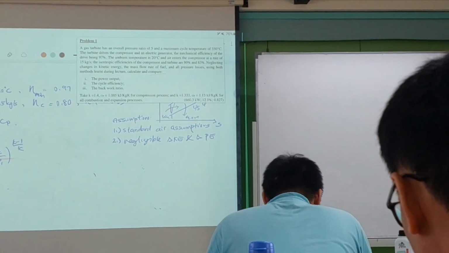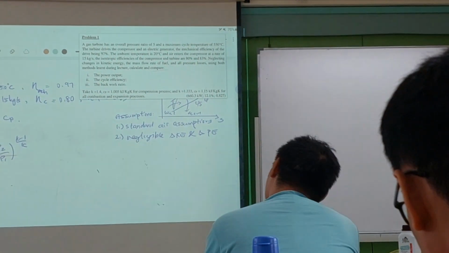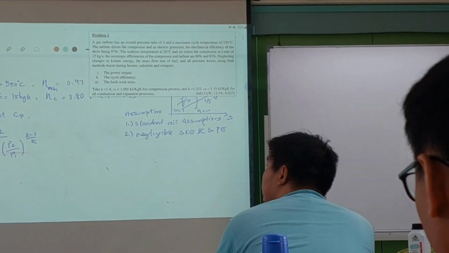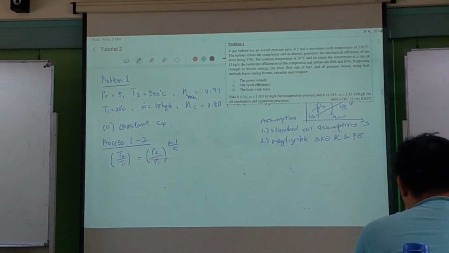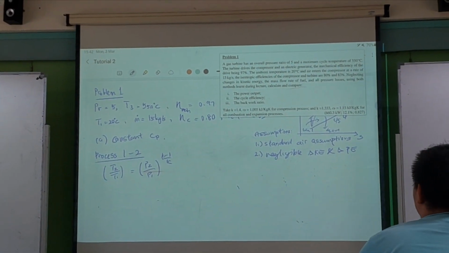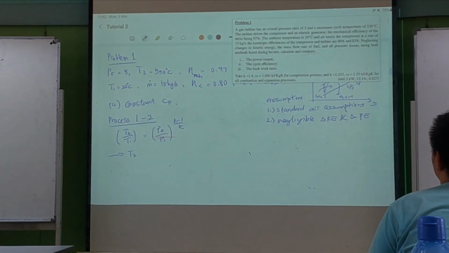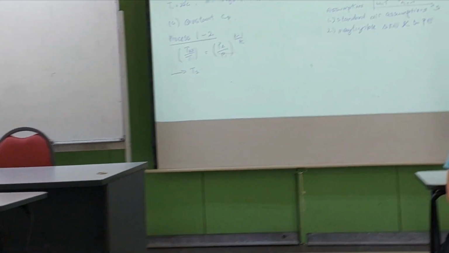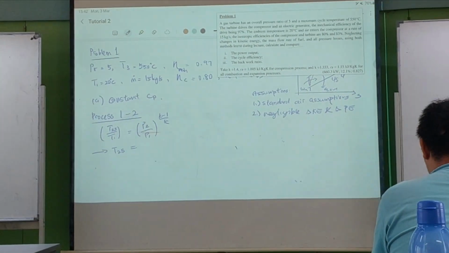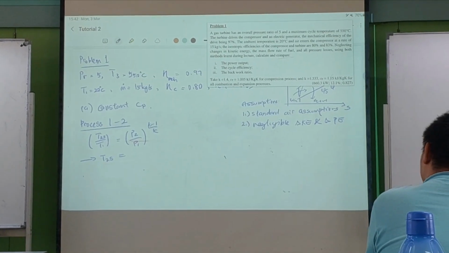Here the question says that for the compression process, you use k equals 1.4, Cp equals 1.005. Here we only need k. Based on this, you should be able to get T2, sorry, this one should be T2s. This method always gives you the isentropic value.